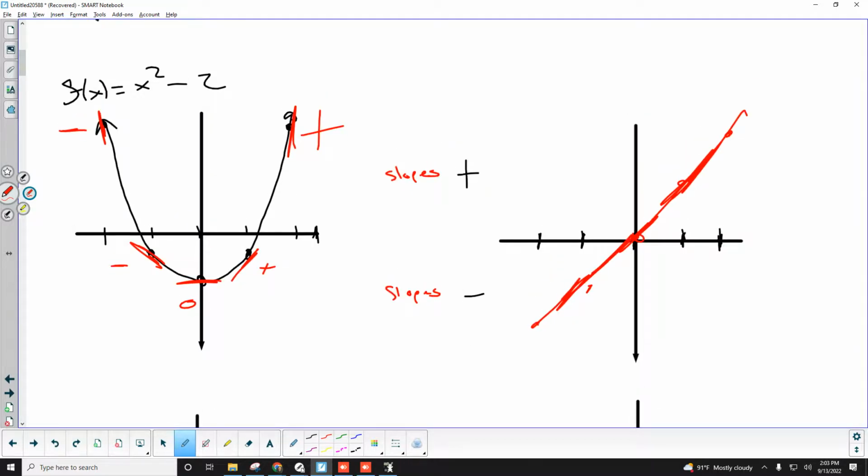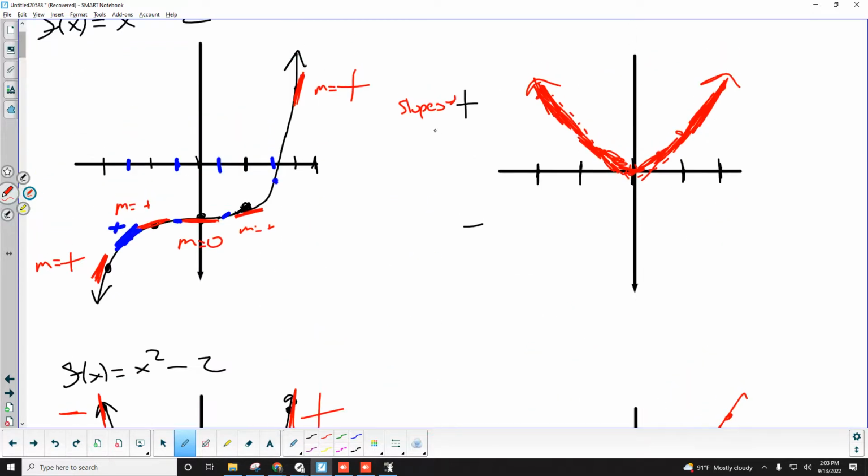And he kept going. He looked at different graphs and he looked at their slope graphs. And he realized, yo, every single function had a unique slope graph. Like this function had a different one to this function. Maybe some were U's, but they were located in different spots.